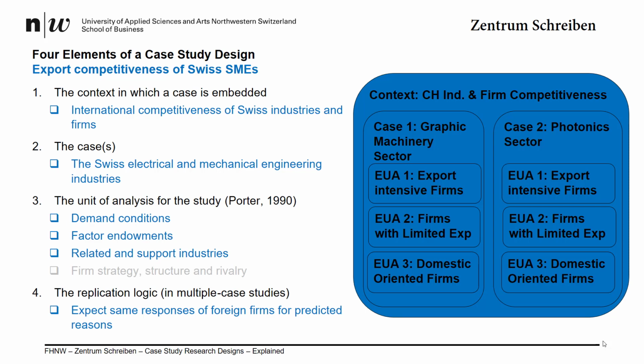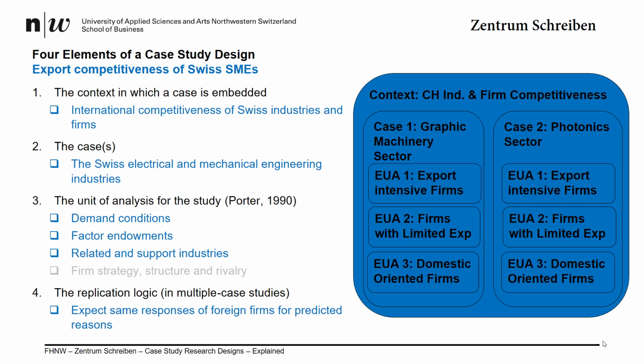Finally, the fourth element of any case study research design is the replication logic. The replication logic is only present in a multiple case study research design, and it represents our understanding of the degree to which we expect to find the same findings for all of our cases. When we expect, based on our theory or our observation of the phenomenon, to have the same findings for all of our cases, we call this a literal replication logic.